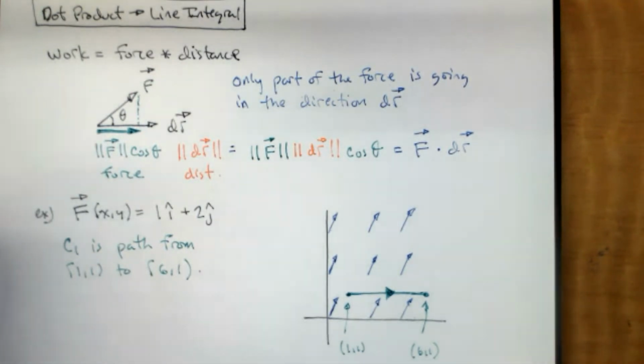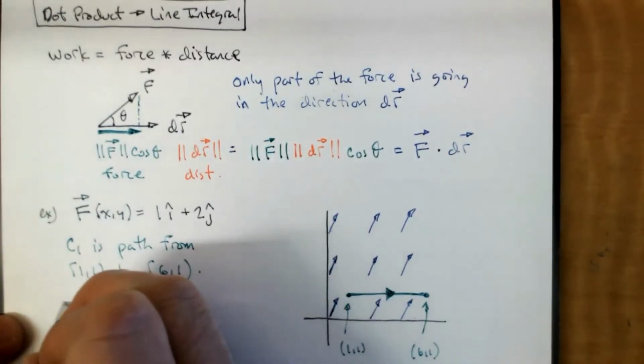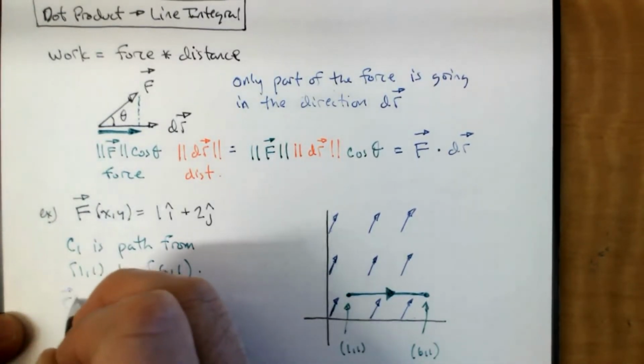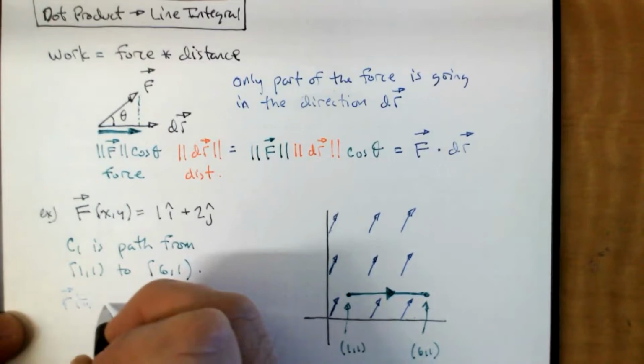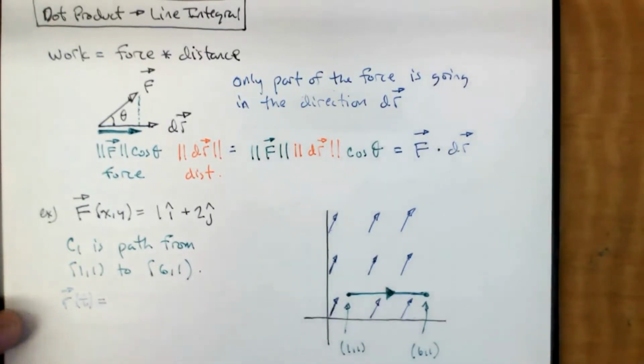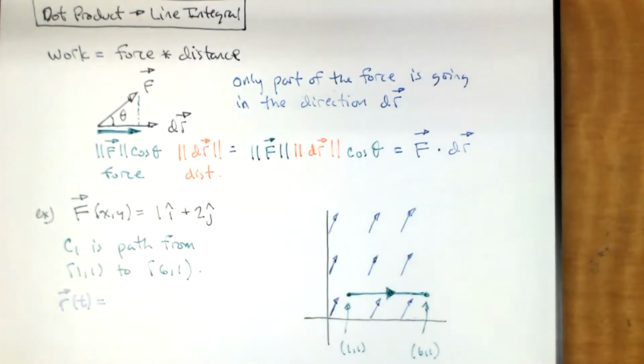Let's parameterize the curve C. X starts off at 1 and ends at 6. So it'll increase by 5 in 1 unit.